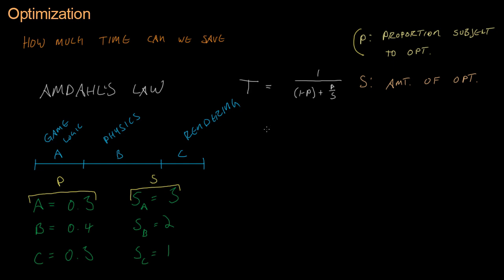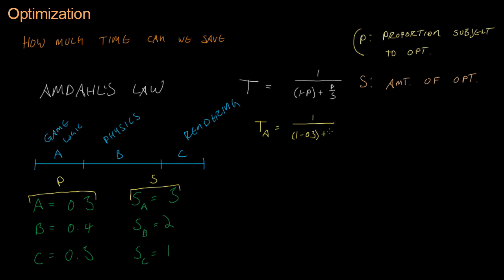So let's start calculating. Let's see how much time we can save in game logic given how long game logic takes to run and how much we think we can optimize it. So P in this case is going to be 0.3, which is the proportion of time that we spend running the game logic.